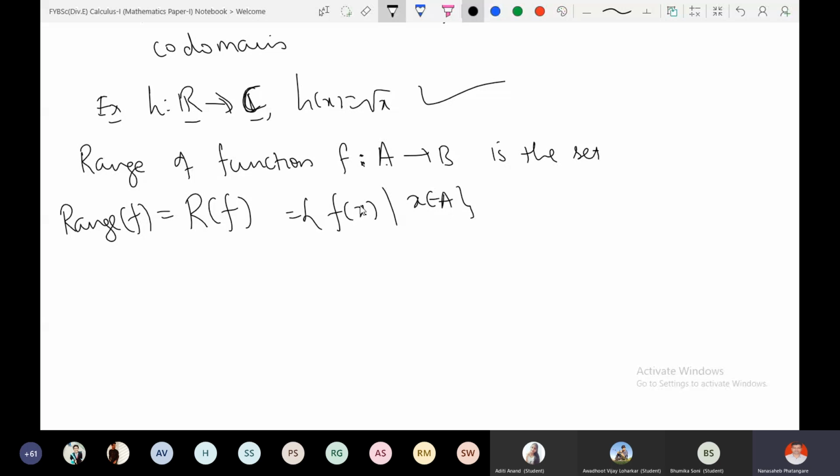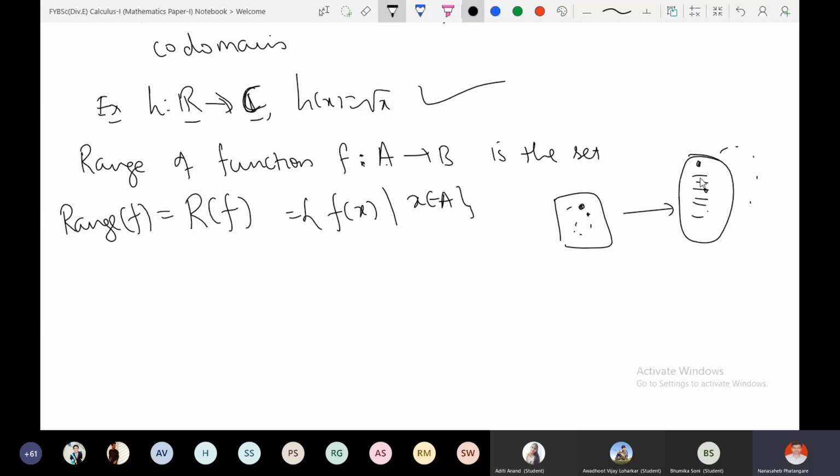It is like a gun. Suppose you have a box containing bullets and you have a gun. You take a bullet and fire it, it goes somewhere here. You take another bullet, fire it, and you get here. Wherever the bullets hit, that is the range.